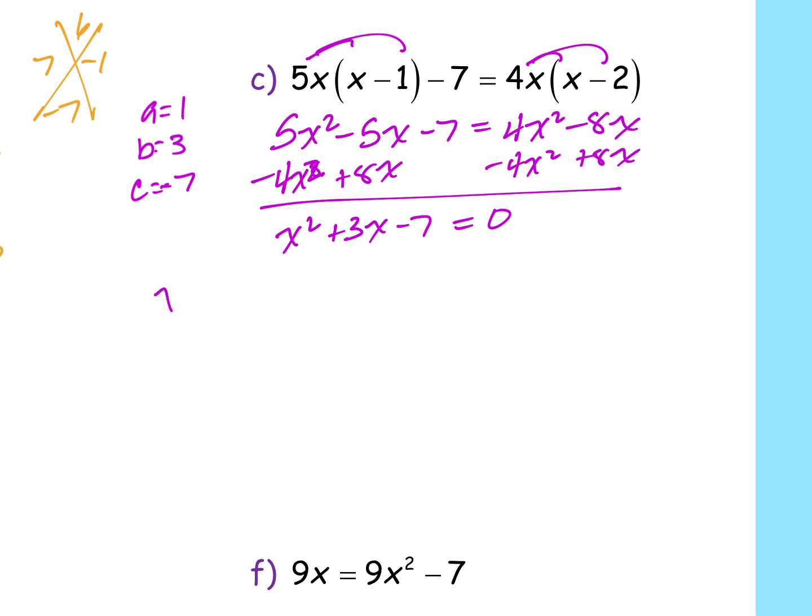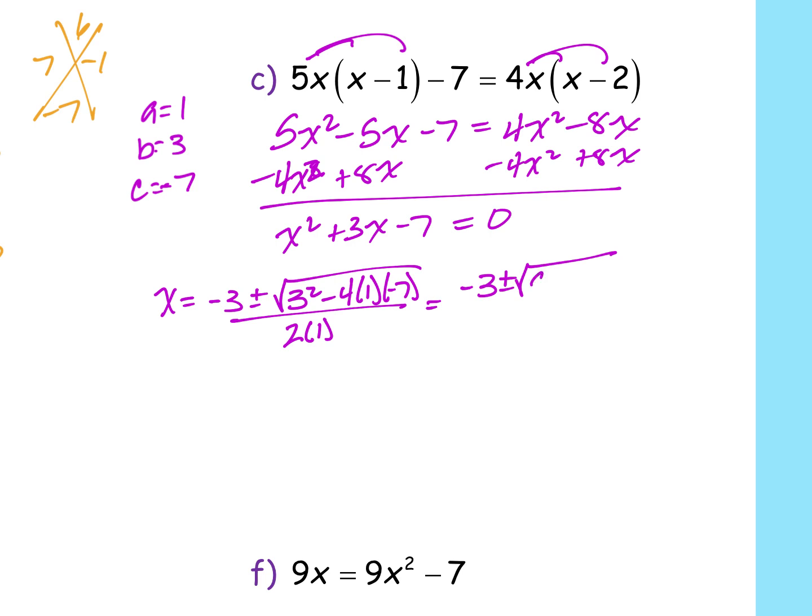So x is going to equal negative 3 plus or minus the square root of 3 squared minus 4 times 1 times negative 7, all divided by 2 times 1, which is negative 3 plus or minus the square root of 9 plus 28 divided by 2, which is going to equal negative 3 plus or minus the square root of 37 divided by 2. And that's it. There's my answer.